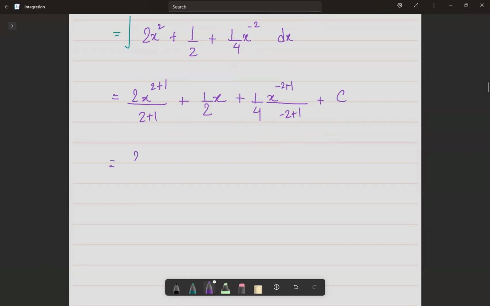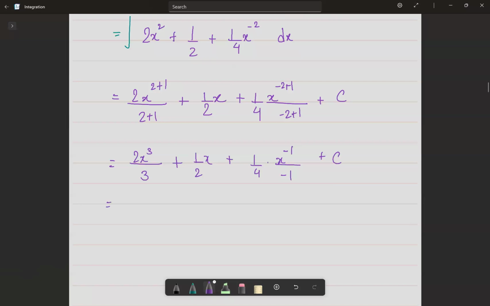We have 2x cube divided by 2 plus 1, which is 3, then plus half x, and then we have 1 by 4 multiplied with x to the power of minus 2 plus 1, which is minus 1, divided by minus 2 plus 1, which is minus 1 again, and we have a plus c in here.